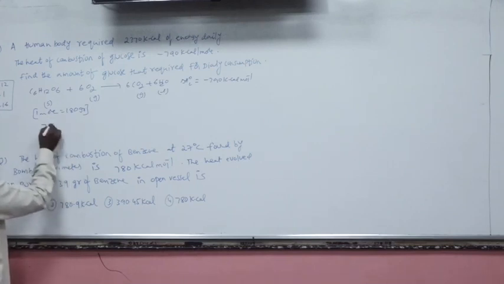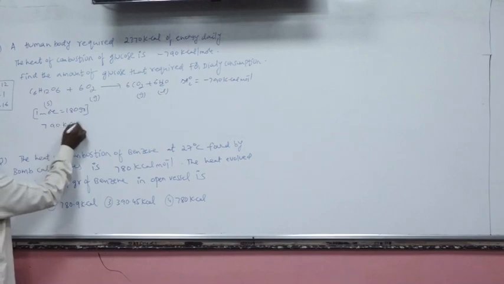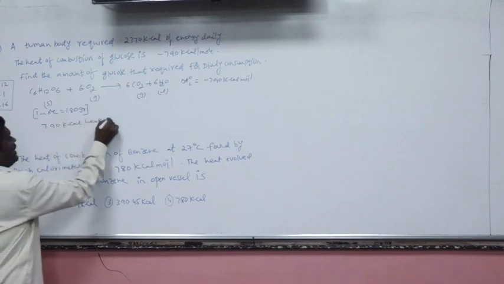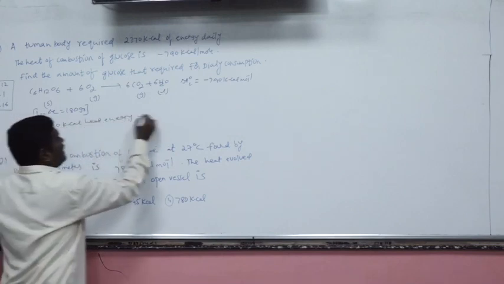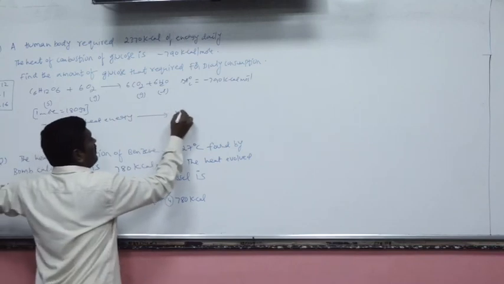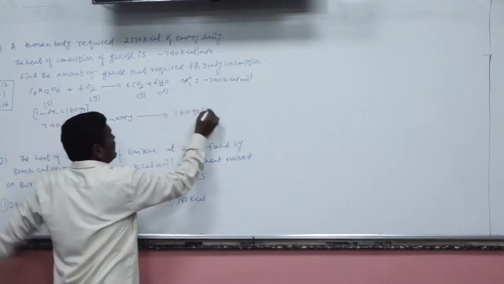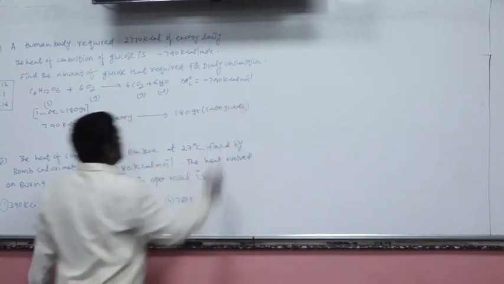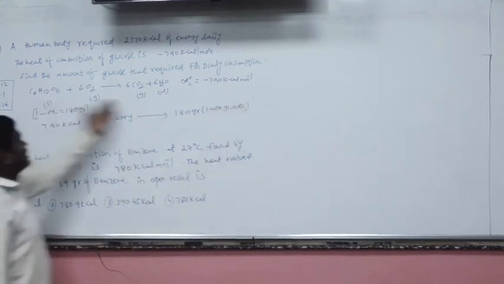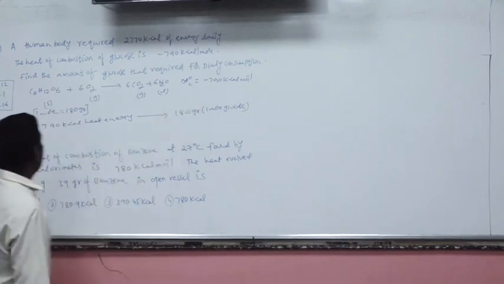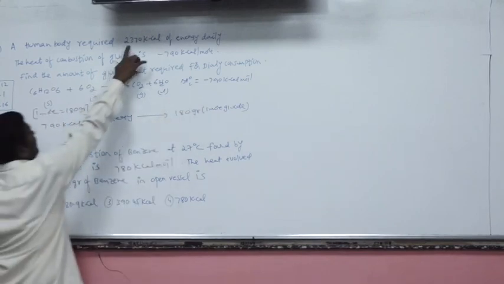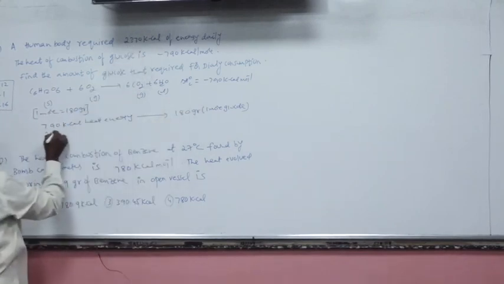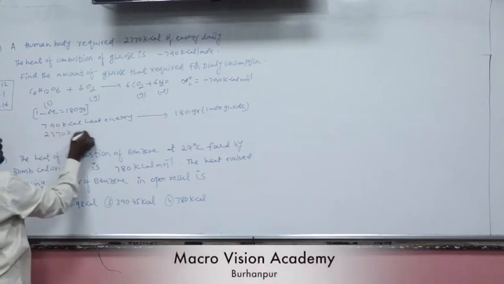Unitary method. 790 kilocalories of heat energy corresponds to 180 grams or 1 mole of glucose. How is it known? As per standard definition. Now, the heat energy required by our body is 2370 kilocalories.